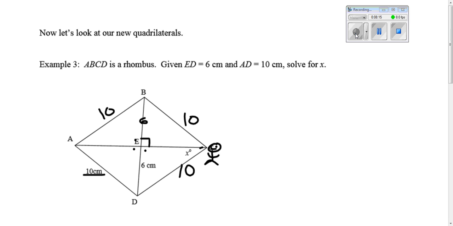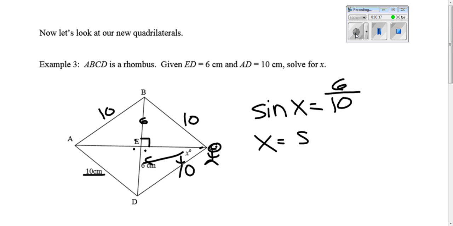I have side lengths. I have 2 sides right now. So from here, I'm going to use the opposite and the hypotenuse. So which trig function deals with opposite and hypotenuse? Sine. So the sine of x equals the opposite, which is 6, over the hypotenuse, which is 10.